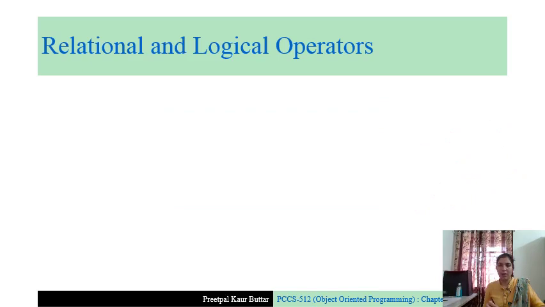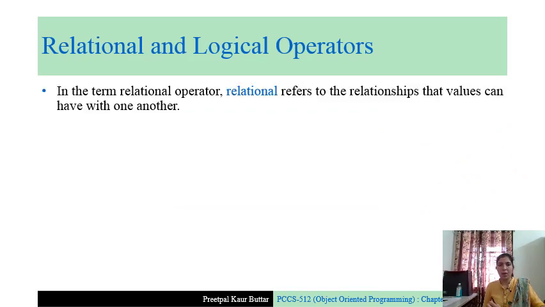Relational and logical operators. In the term relational operator, relation refers to the relationships that values can have with one another. Relation means if we have two values, x equal to 10 and y equal to 5, then we are comparing these values.